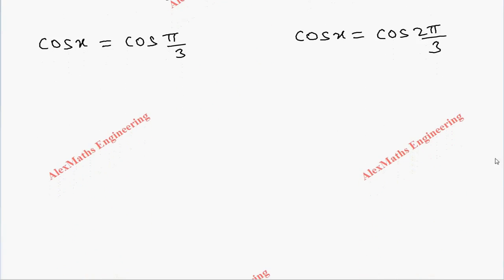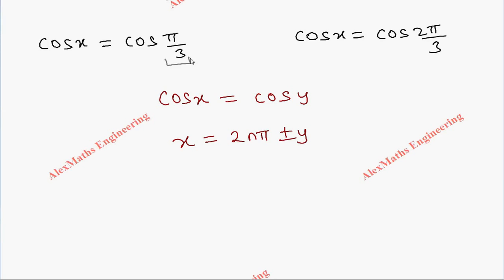Here we are going to use the general solution for cos x equal to cos y. Then x is equal to 2n pi plus or minus y. In the first case, this is the value of y, and in the second case, this is the value of y. So in the first case, we have x equal to 2n pi plus or minus pi by 3.